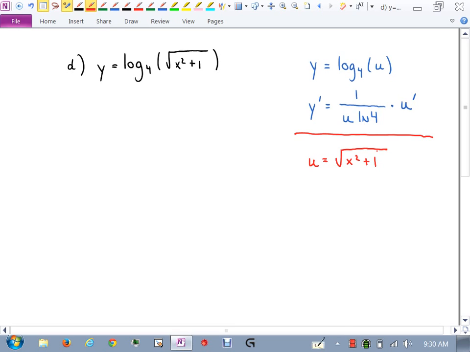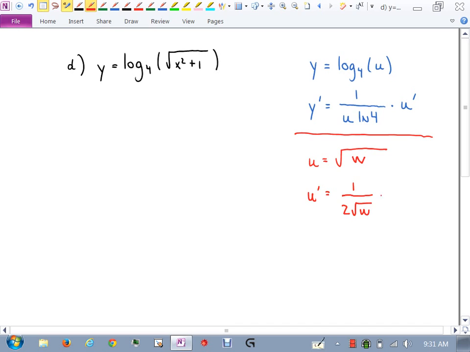So the question on u is, can you take the derivative of u, or are you going to have to break it down further? That's all up to you. It depends on you sitting there in the room, okay? It's another chain rule, right? So if you really want to take this slowly, you could say, I'm going to say that that's the square root of, let's say, w now, right? What's the derivative of the square root of w? 1 over 2 root w.